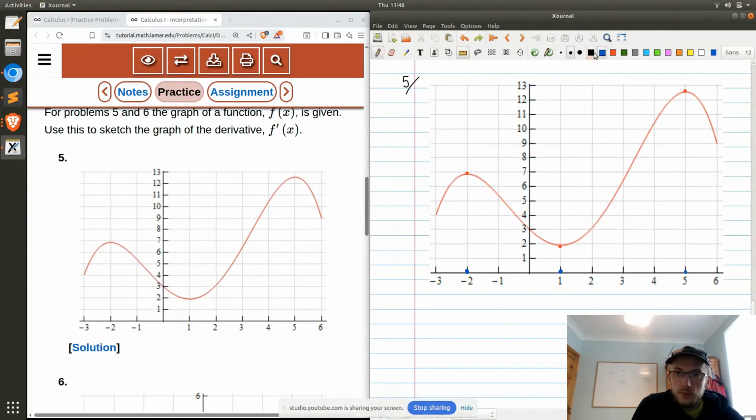So what I'll do is I'll just extend the y-axis downwards like that, and do this. Like that.